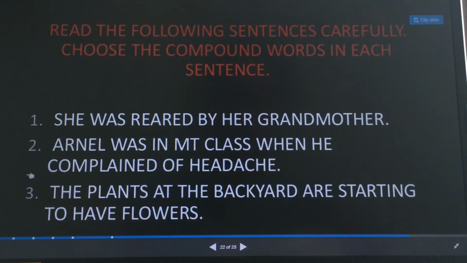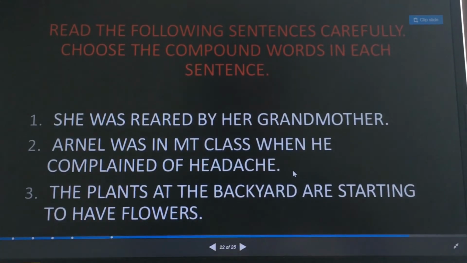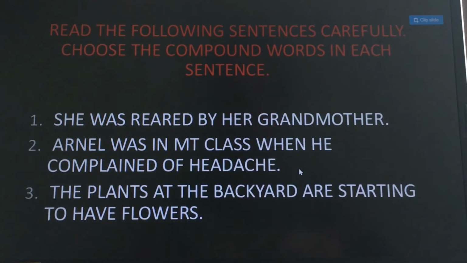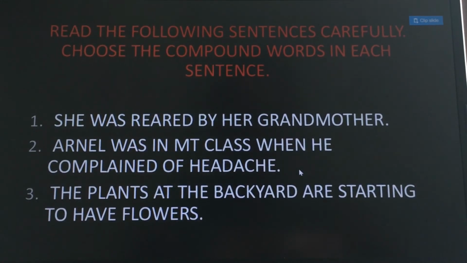Okay. Number 2. Can you spot the example of compound word here? Arnold was in my class when he complained of headache. What is the example of compound word here? Very easy. Can you see?